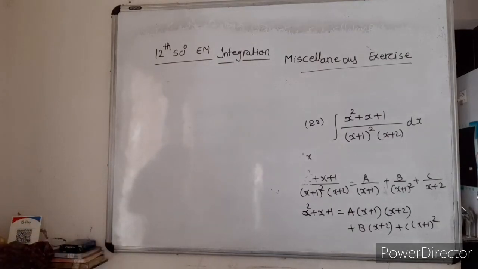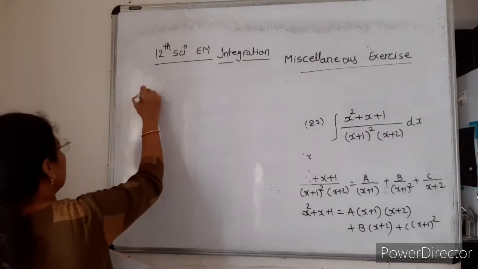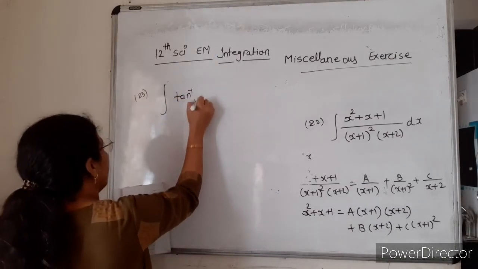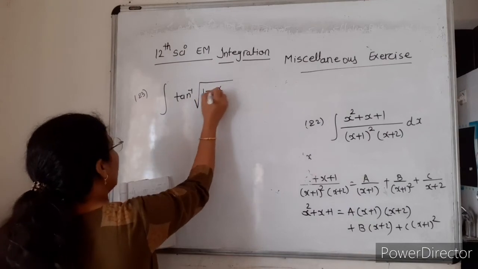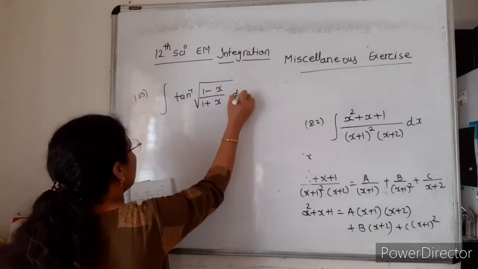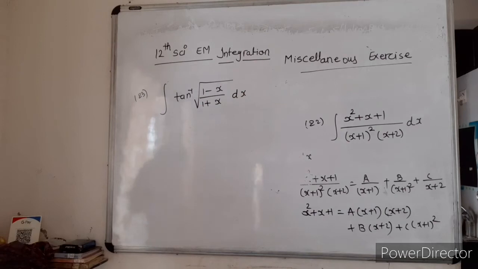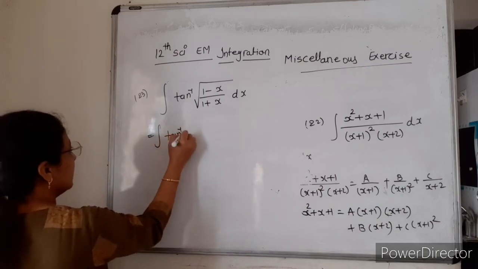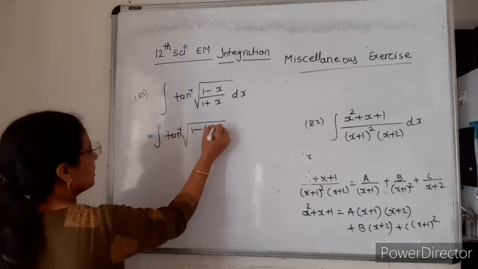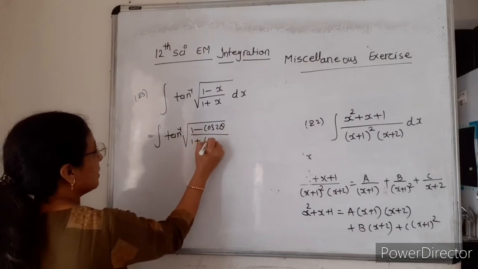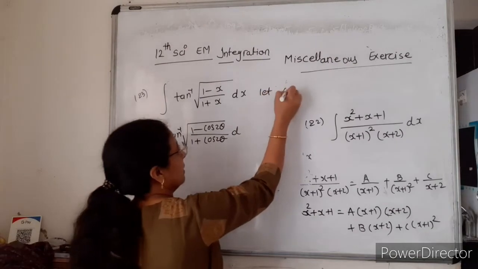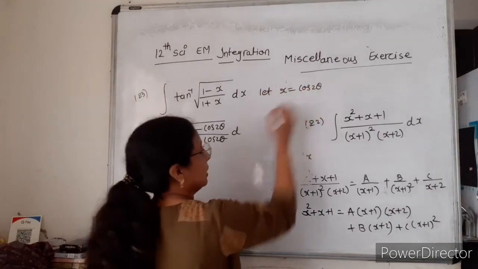Now the question number 23, integration of tan inverse 1 minus x upon 1 plus x dx, right? So if you take 1 minus x, so if you write here tan inverse 1 minus cos 2 theta upon 1 plus cos 2 theta, then let x is equal to cos 2 theta.